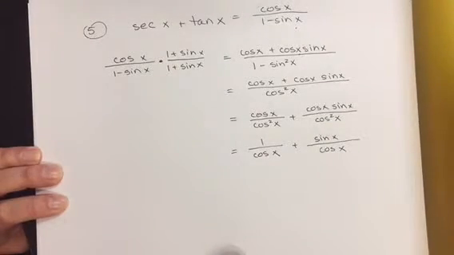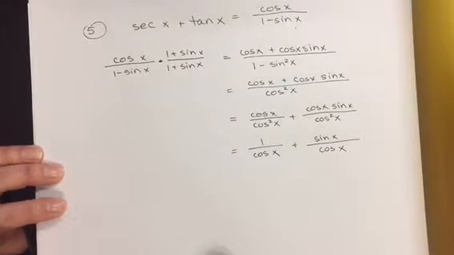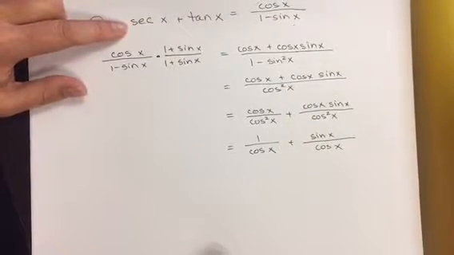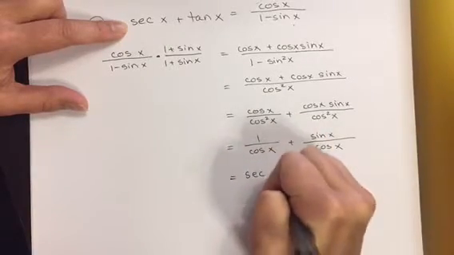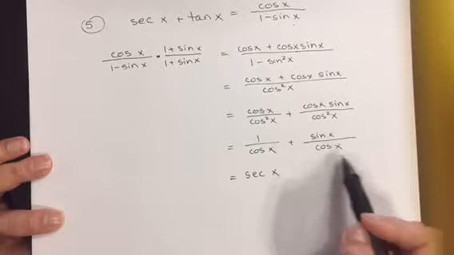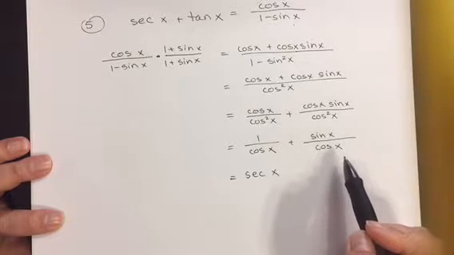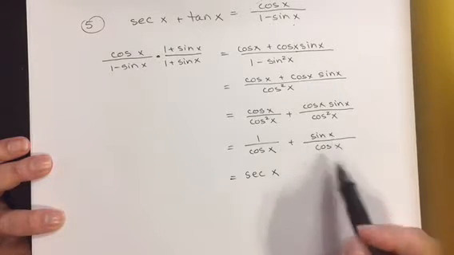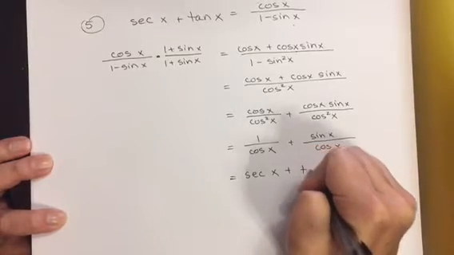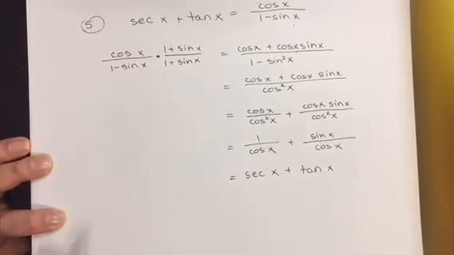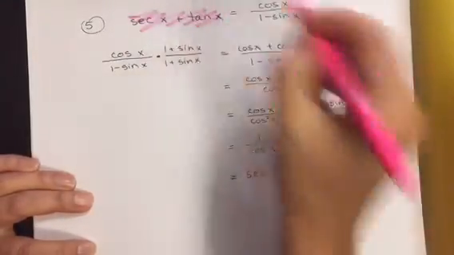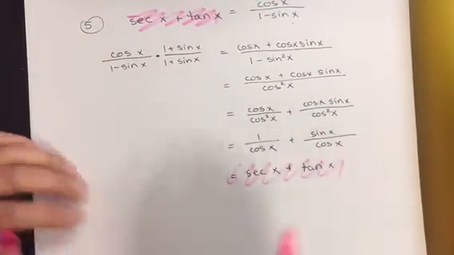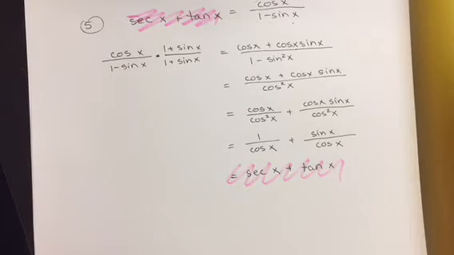All right, so now I can use that reciprocal that I was looking for. So 1 over cosine x is secant x, and then here I've got sine over cosine, and if I look at my quotient identity, sine over cosine is tangent. So yay, I've verified this identity because I have shown that both sides of my equation are equal to each other.